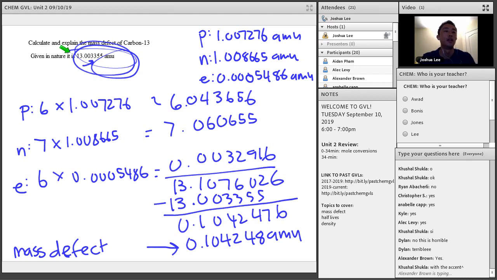Atomic mass of, what's the isotope? Nitrogen 15. Is there such a thing? Oh yeah. Let's do 14. So it's this.